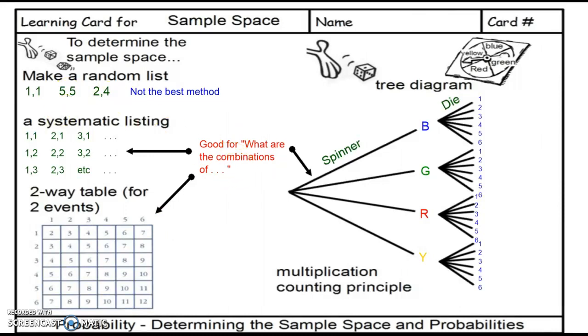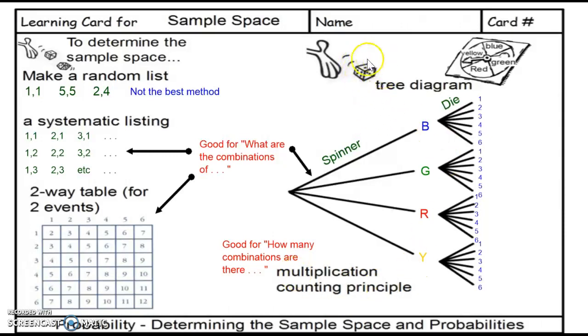But what if we had a different type of question? What if we had a question that said, how many combinations are there? So if we didn't necessarily need to know what all the combinations were, and we were just looking at how many combinations there were, then we can use something called the multiplication counting principle.